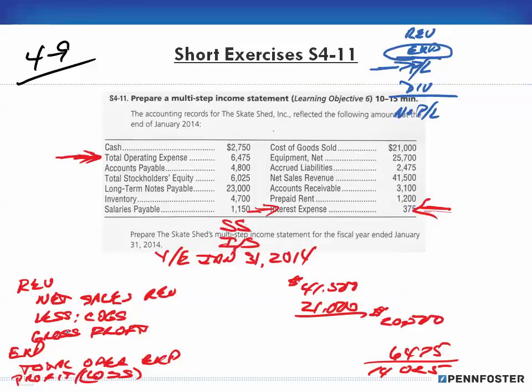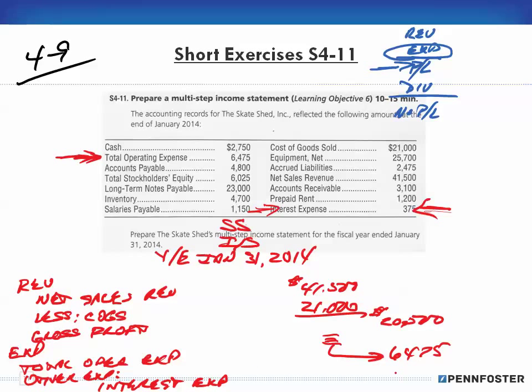What you would have is a total operating expense, meaning you would have your expenses listed, and then you would total that up to get a total operating expense of $64.75. And then you would have other expenses. And underneath that, you would put interest expense.